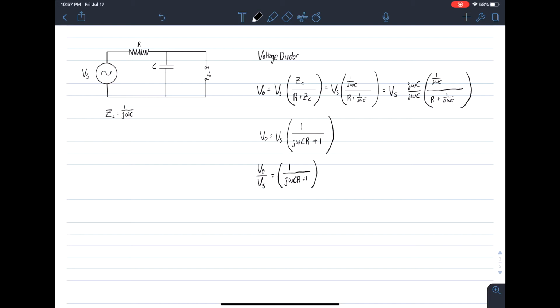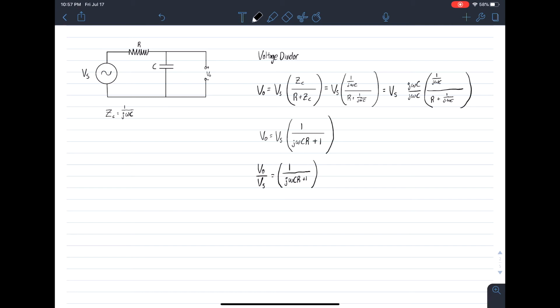This ratio will never be more than 1 because on the denominator there is always going to be something that's more than 1. You cannot get a negative number from the product of j omega C and R. For now, let's consider C and R as constant. So the only thing that can affect this ratio is the omega term, which is the angular frequency.